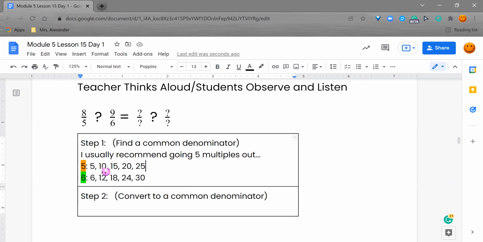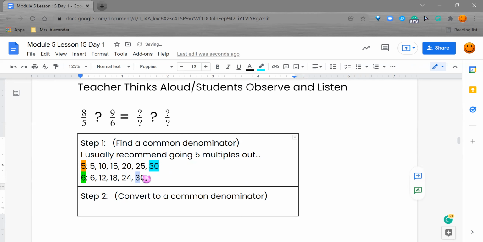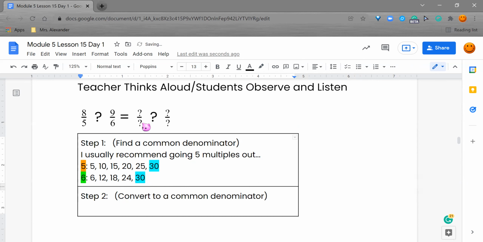So I'm going to see how long it takes me to get to 30 or past. After 25 on 5s is 30, so we didn't have to go very far. I'm going to highlight my 30. We know that 30 is our common denominator, so I can go right up here and write 30 in my denominators so that I already know I have it common.